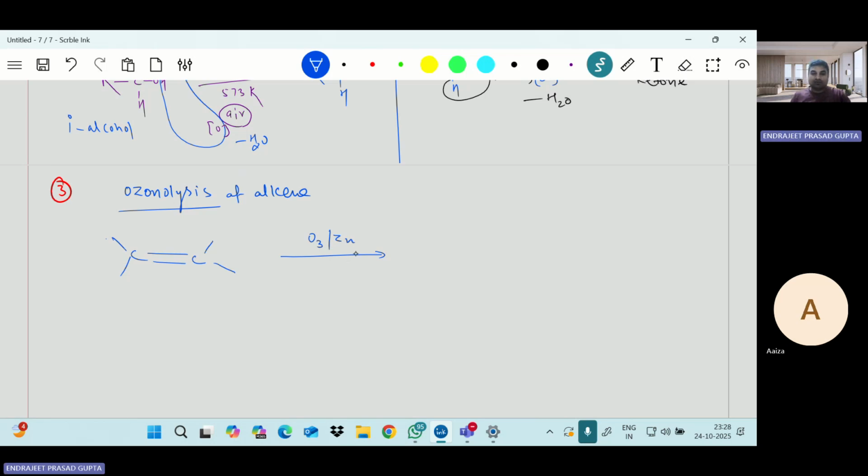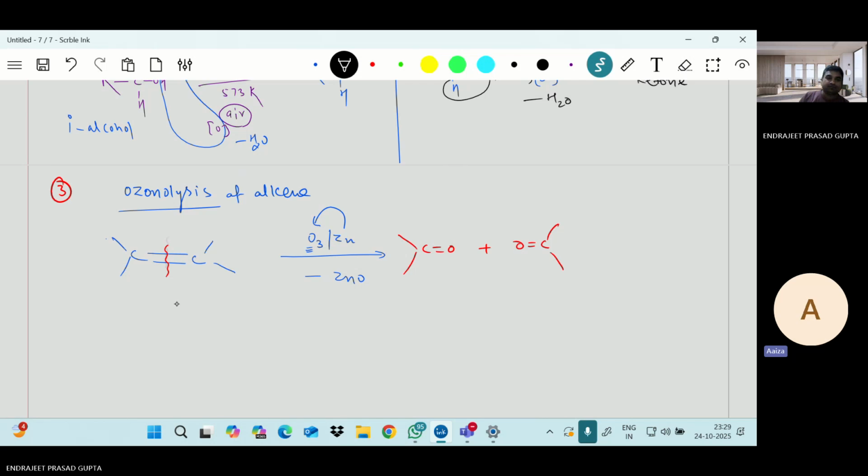Zinc reacts with oxygen to form zinc oxide. Now there will be two oxygens, and the two oxygens will break this double bond, and you will get C=O on this side and C=O on that side, carbonyl compounds. Have you got it? Yes, sir.